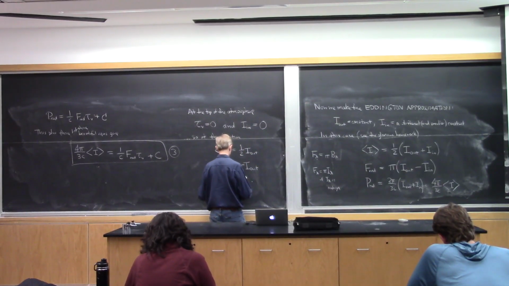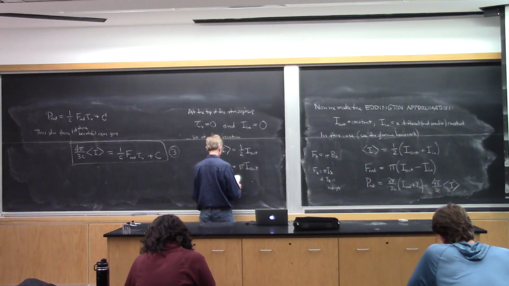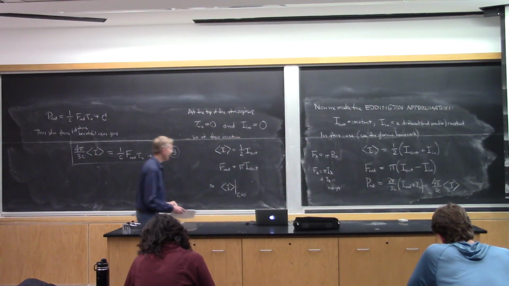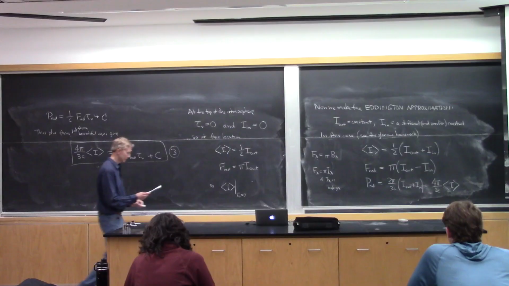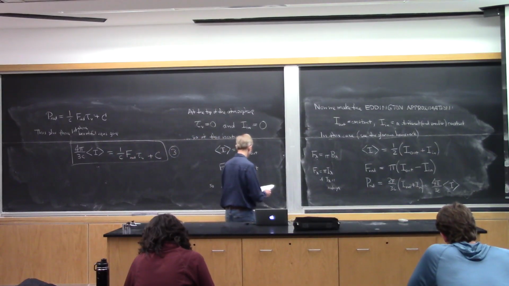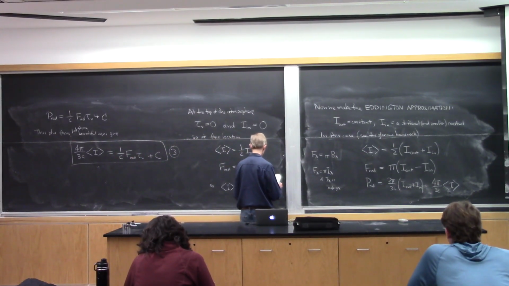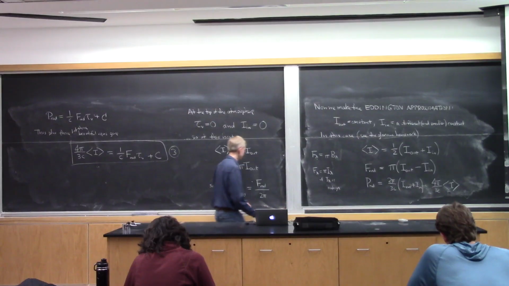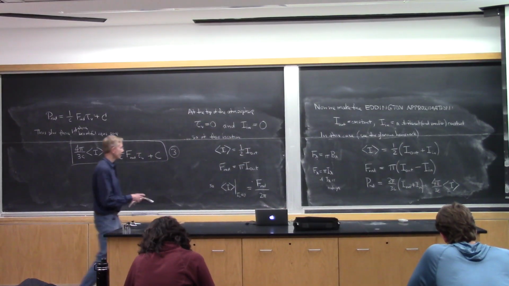And so the mean intensity evaluated at tau_V equals 0 at the surface is equal to F_rad over 2 pi, that constant net radiated flux divided by 2 pi.